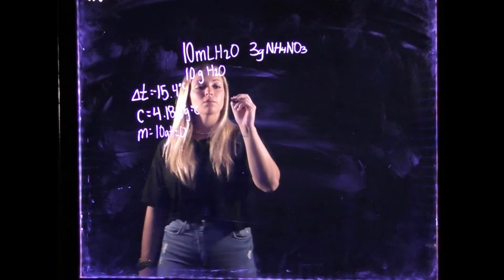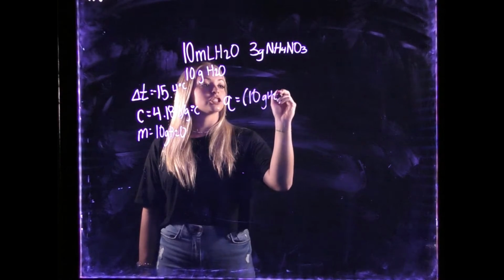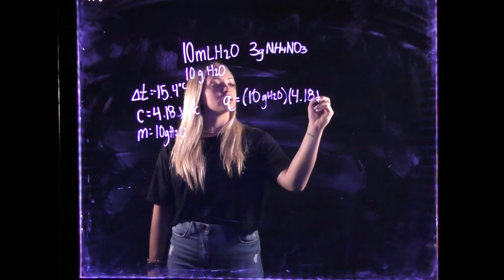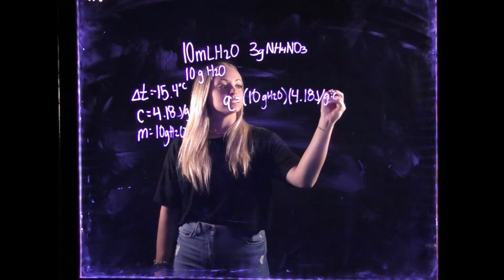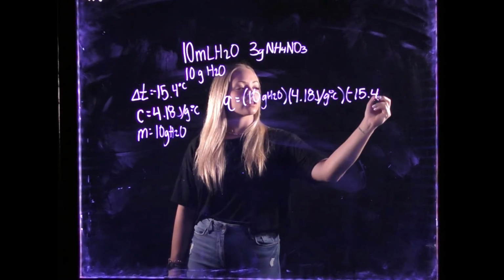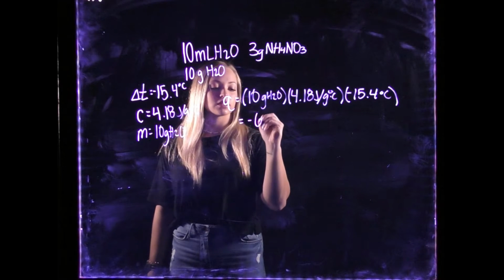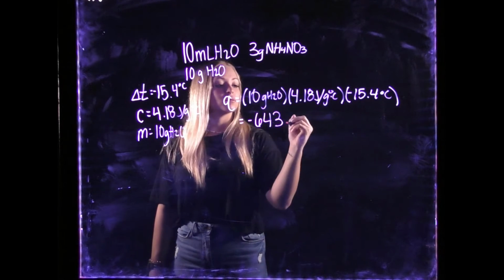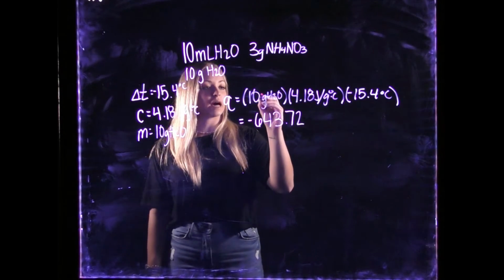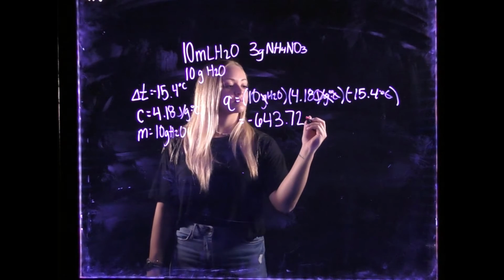So now we plug that in, we get Q equals 10 grams H2O times 4.18 joules per gram degrees Celsius times negative 15.4 degrees Celsius. We will multiply this through and get negative 643.72. So same thing, we cancel out what we can cancel out, and we're left with joules.